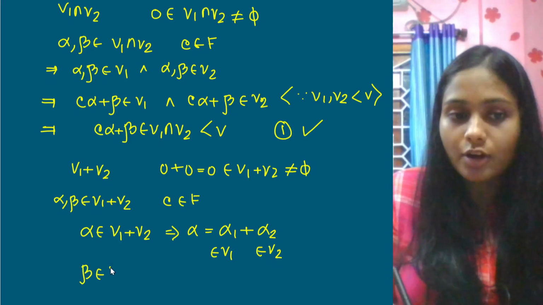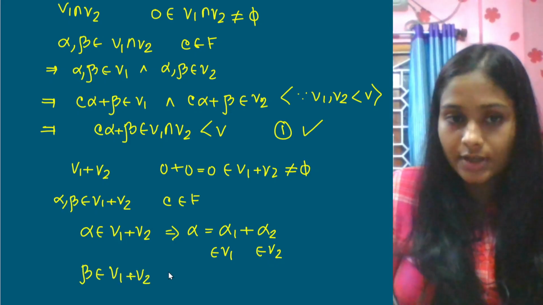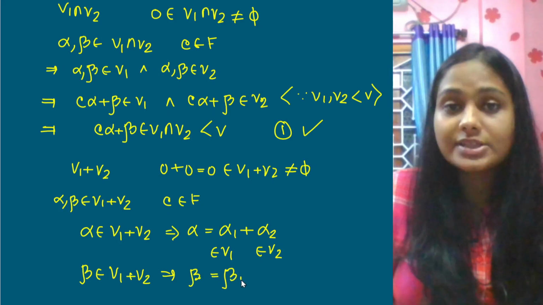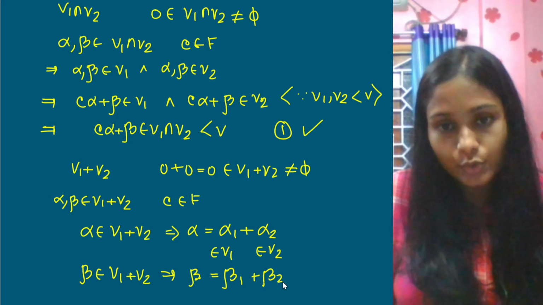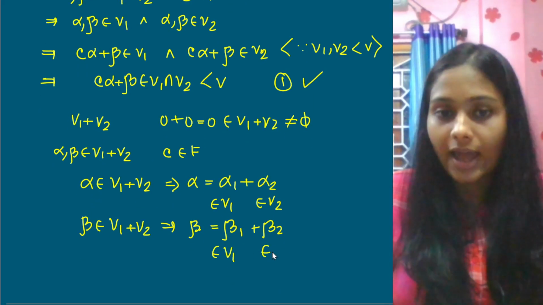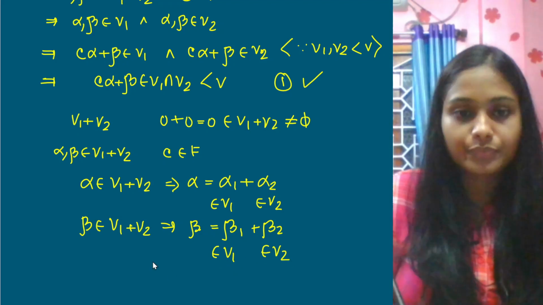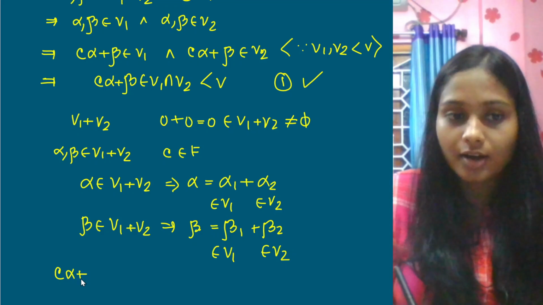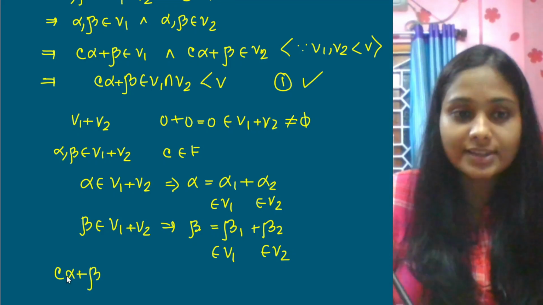Similarly, beta belongs to V1 plus V2. This implies beta equals some beta 1 plus beta 2, where beta 1 belongs to V1 and beta 2 belongs to V2.